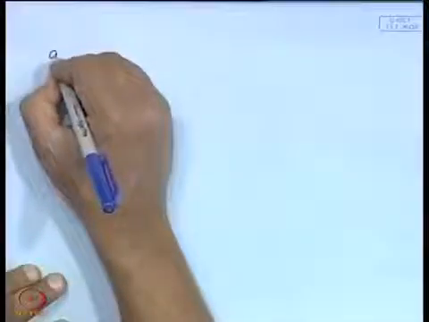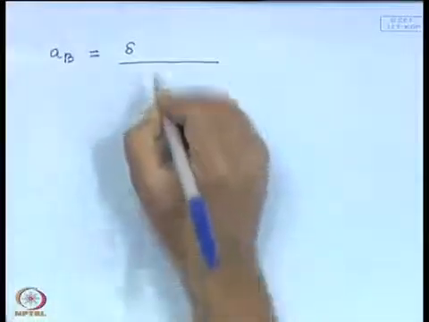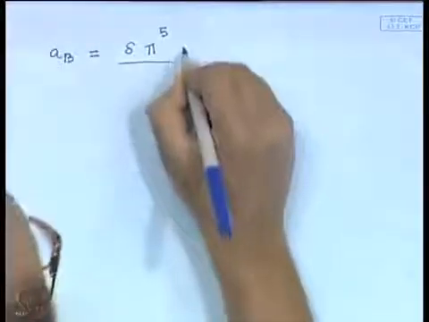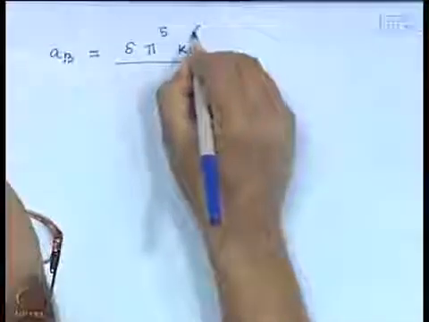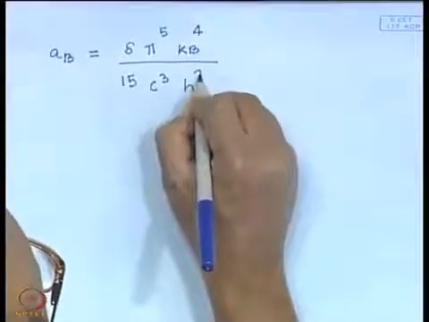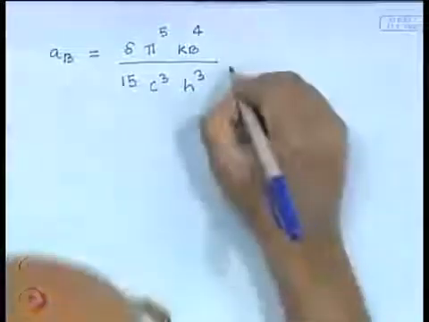So, we can straight away identify what the Stefan constant a_B is. It is equal to 8 pi to the power 5 k_B to the power 4 by 15 c cube and h cube. That is the Stefan constant.